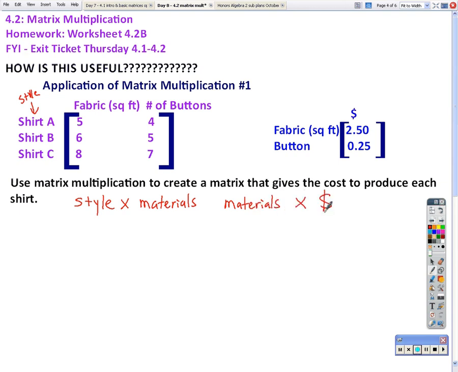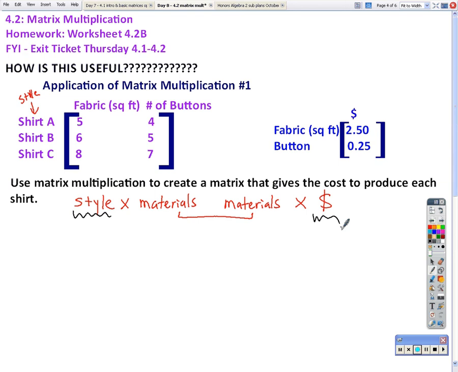So look, the insides match. The number of columns in our first matrix equals the number of rows in the second matrix. So if I multiply these two matrices together, my answer will give me a matrix that gives me the style by price. In other words, I will be given a matrix that has the price for producing each shirt.